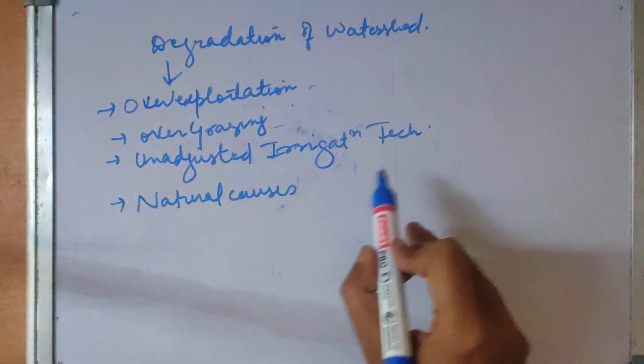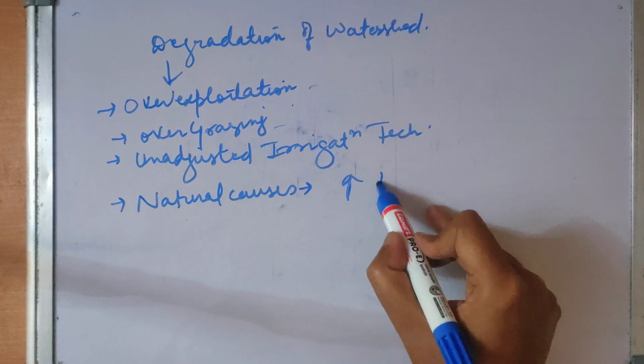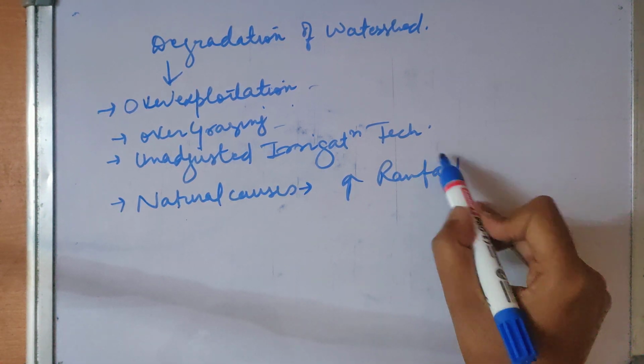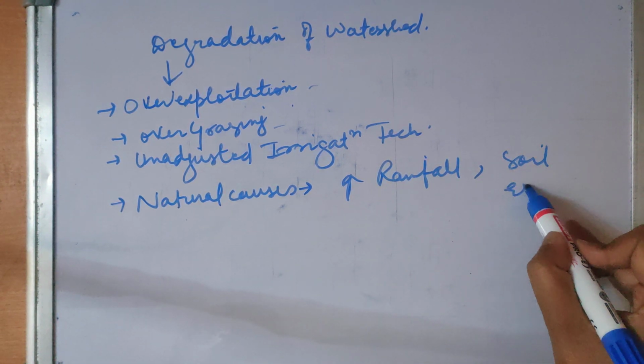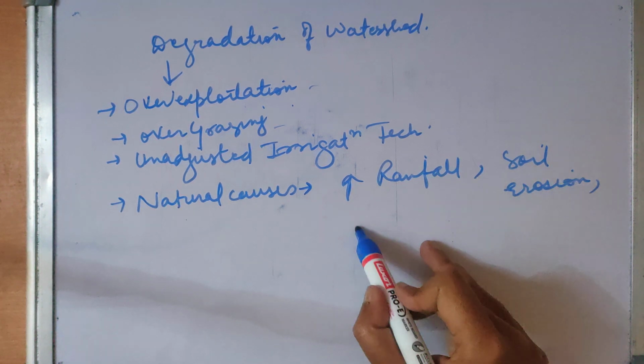All these erode our soil, such as high rainfall, soil erosion, bad topography.